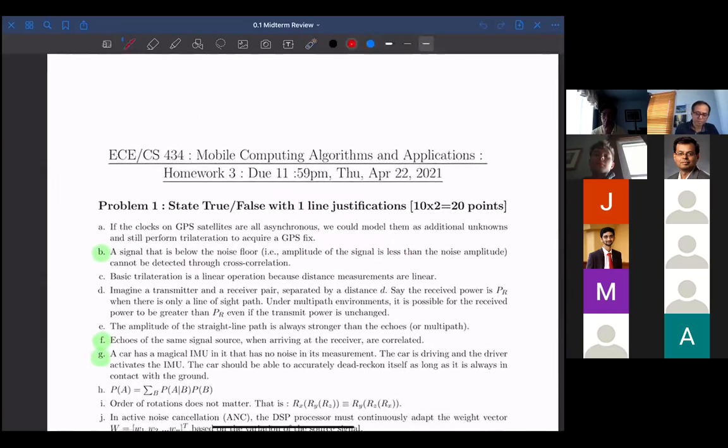Maybe this is among the more difficult ones, but here is the idea. There is a signal. This is the signal. Let me make a copy of it.